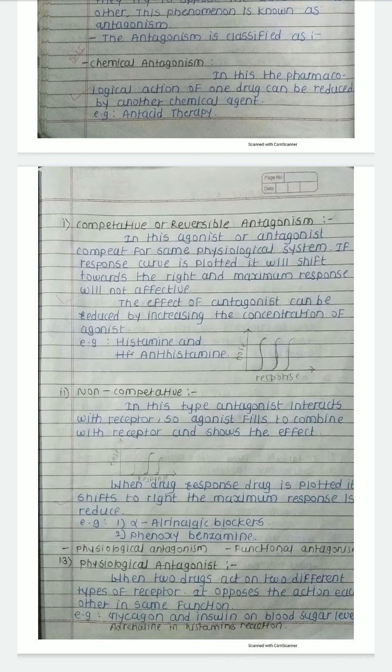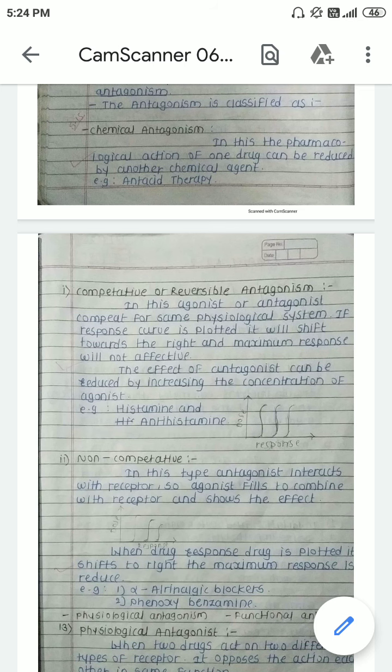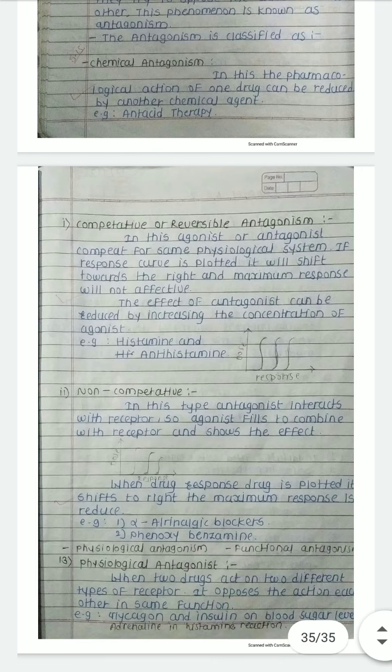These are some factors which modify the drug action. In that, competitive and reversible antagonism comes under chemical antagonism, non-competitive also comes under chemical antagonism, and physiological comes under physiological antagonism.